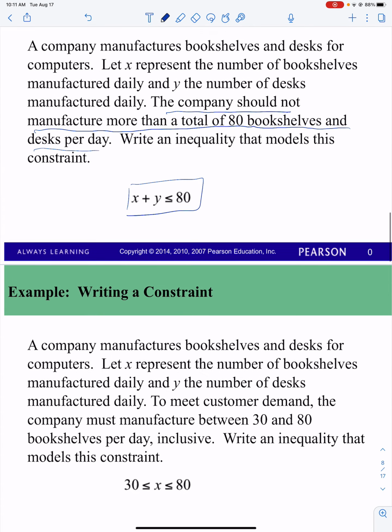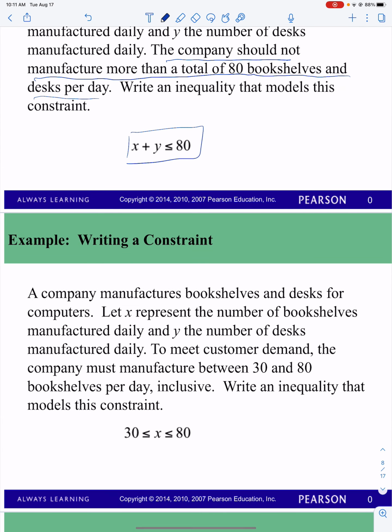Also, based on the demand, to meet customer demand, you also have to manufacture between 30 and 80 bookshelves per day. Otherwise, if you manufacture too much, you cannot sell them. There is no demand, and then it will cause you trouble.